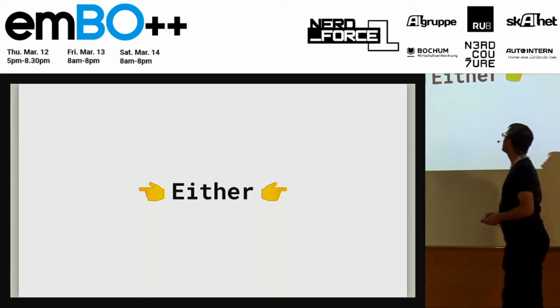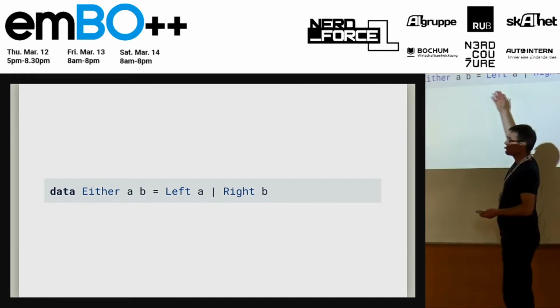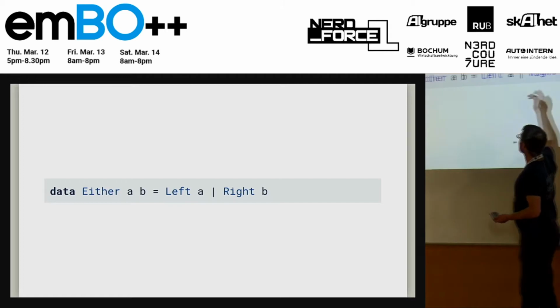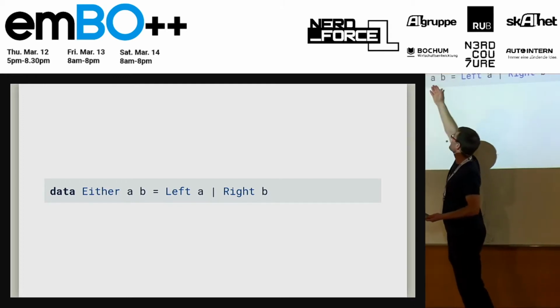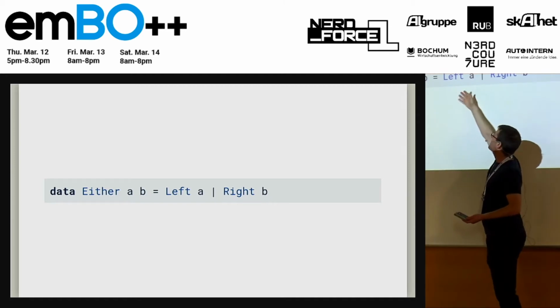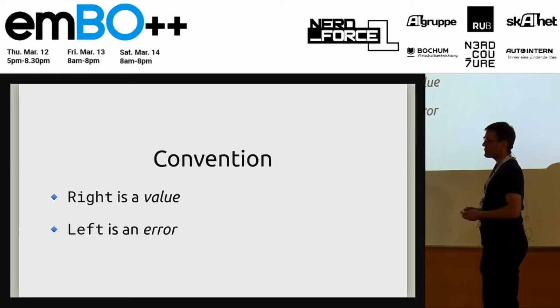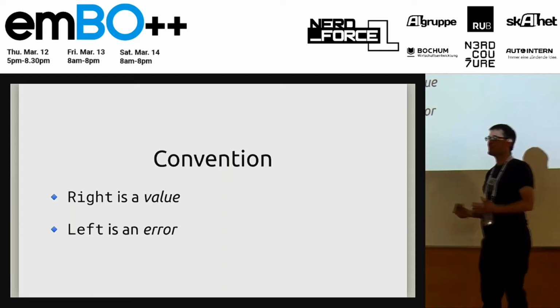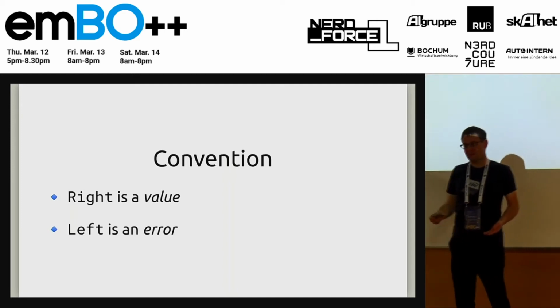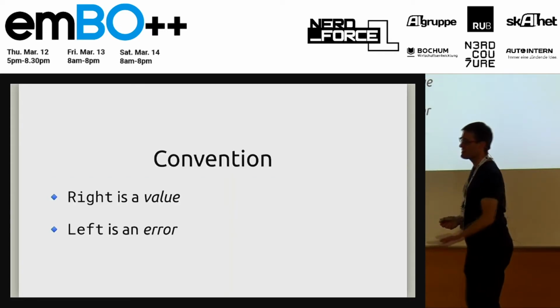Either is like a Maybe, except it can be a Left or a Right. You see it's also like a template that has two type parameters, and it can be a Left A or a Right B. The convention is that if there is a Right in it, then it's some kind of value, and if there's a Left in it, then it's an error.